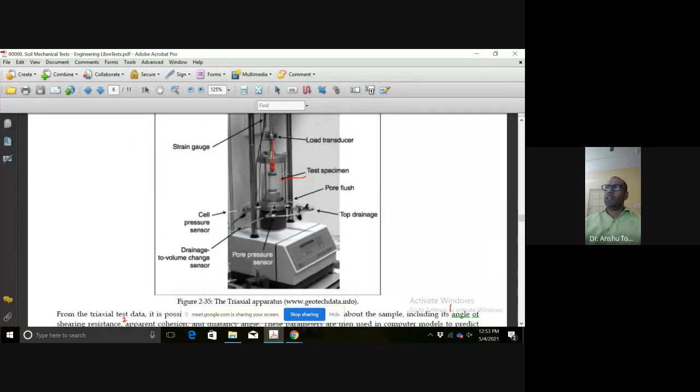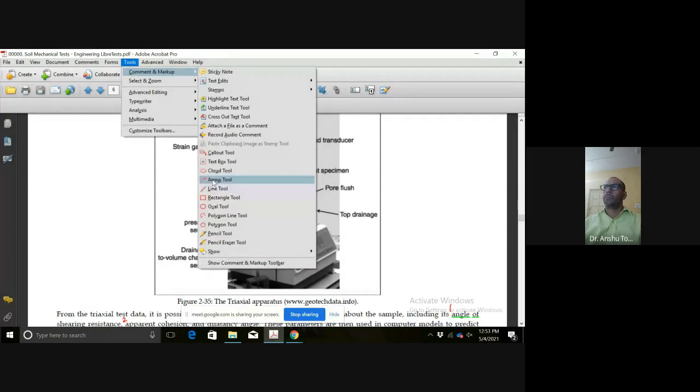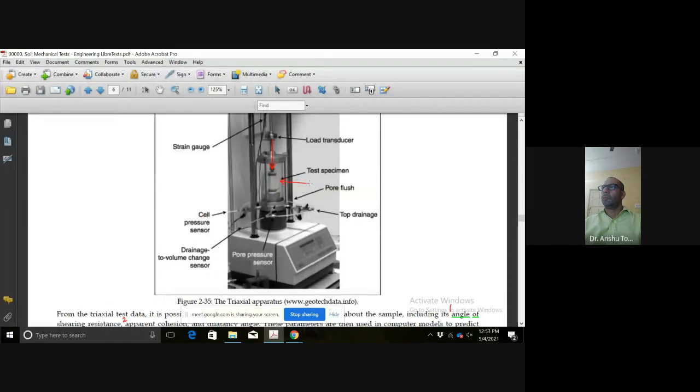So we have a lateral pressure from two sides, and we have a vertical pressure from a load cell, which is trying to push the sample in the vertical direction.